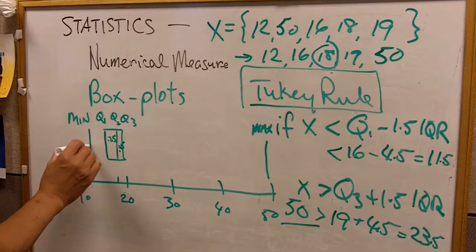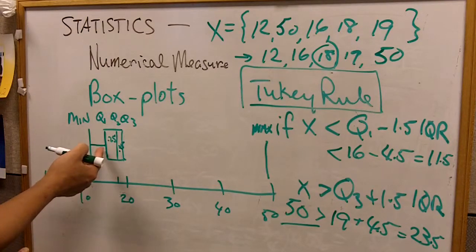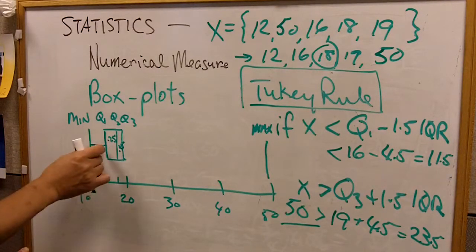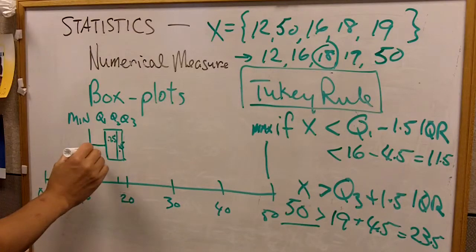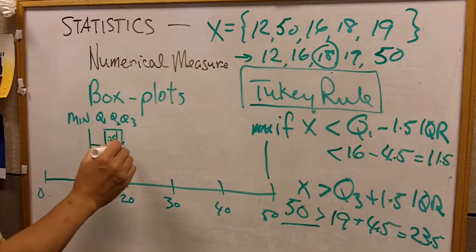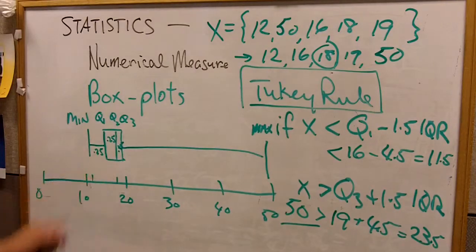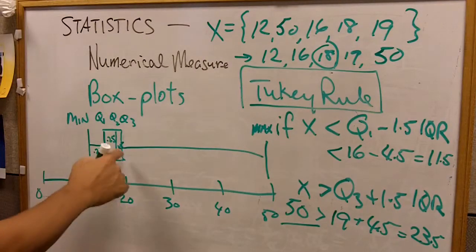But we also have a whisker that is extending from Q1 to the minimum. So this spread here is basically another 25% of the values that are clustered around here, from 12 to 16. But we also have a spread between Q3 and the maximum value that is much bigger.